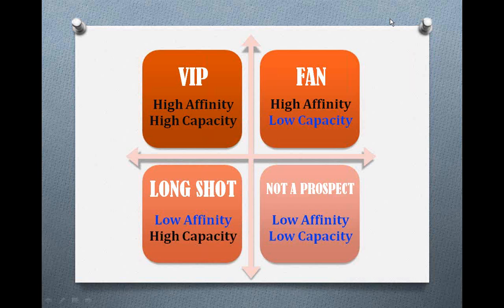And the most frustrating part about going on this bottom half of the x-axis is that these are our low affinity people. But when you're talking about long shots, I find that sometimes they refer to themselves as not a prospect for you, and you need to keep them on your radar because you may just have to find the project that they care about.